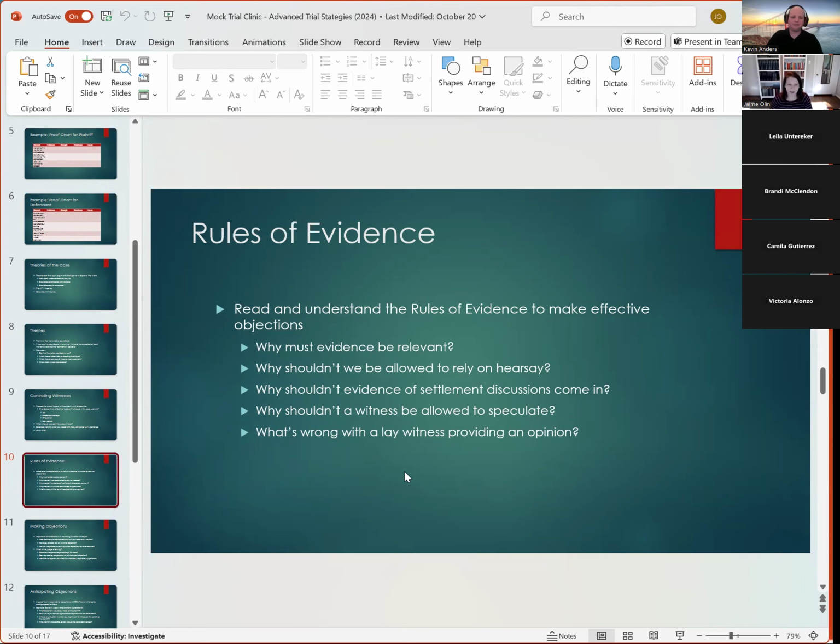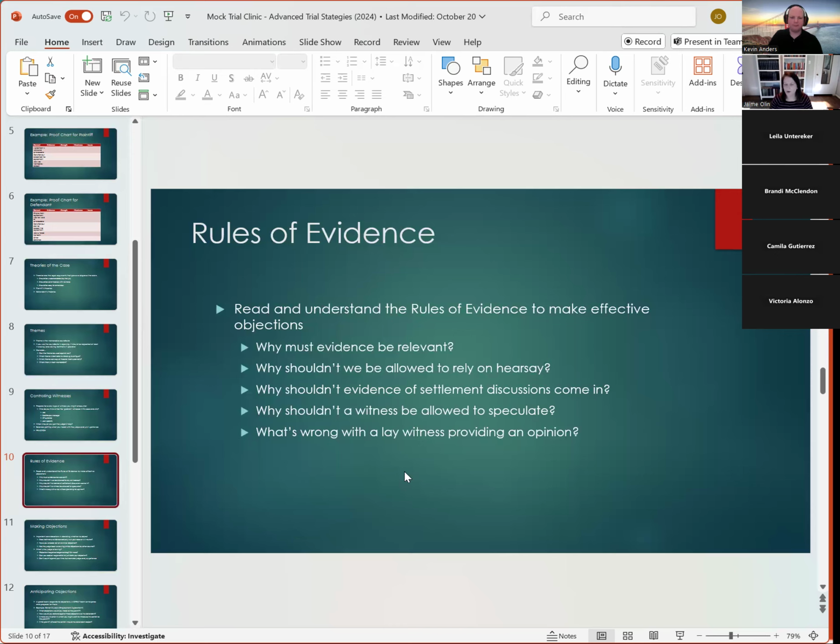So this is sort of the baseline for it. But here are some questions for you, because you, as mock trial participants, and us as lawyers who used to be law students, spend a lot of time learning the rules of evidence, but we don't always learn a lot about why there are rules of evidence, why they matter. So let's talk about that a little bit.